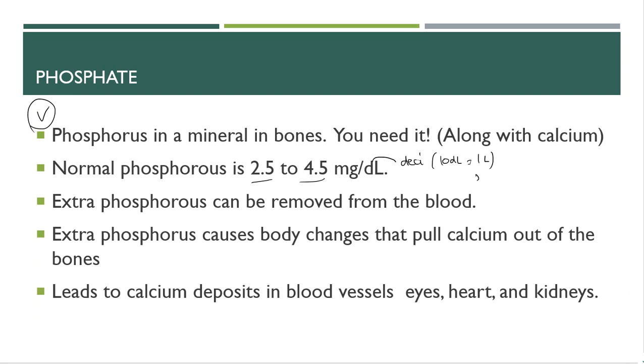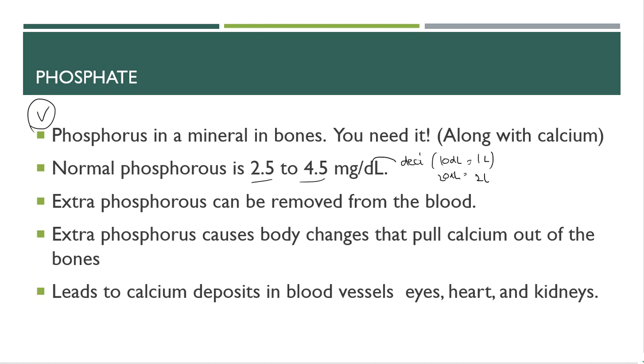That means that if you have a 2-liter bottle, a 2-liter Coke bottle, well, there's 20 deciliters in that 2-liter. Divide that 2-liter up into 20 pieces or 20 parts. That will give you the volume that we're basically talking about here. So take 1/20th of a 2-liter bottle, and that 1/20th volume should have about 2.5 to 4.5 milligrams that you will find there.